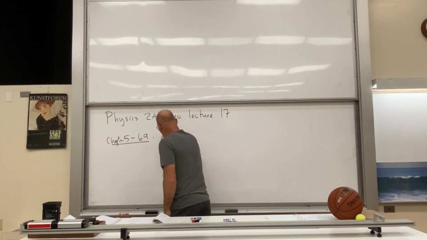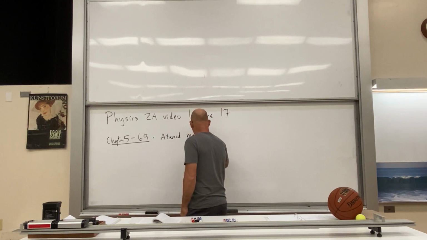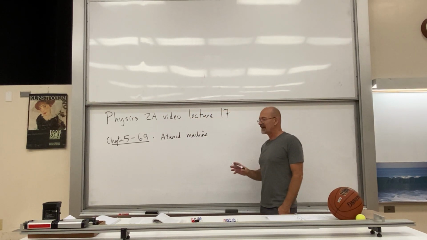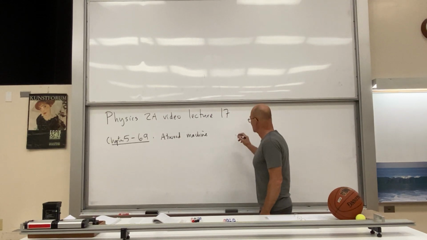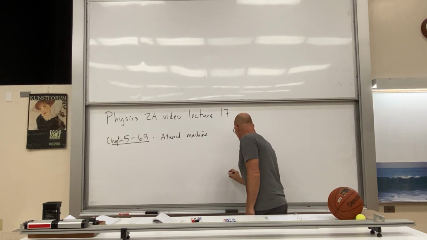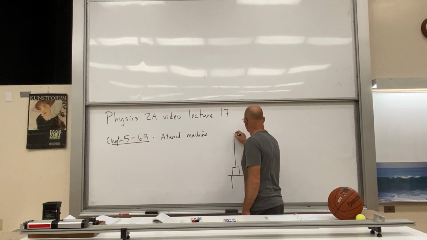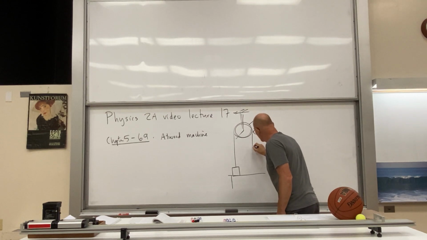This is an Atwood machine, so-called, and it's possible to analyze it completely with Newton's laws, tensions, forces, etc. Here's what we have: that tabletop, and there's a mass here connected to a second mass over a big pulley. There's a pulley, an axle, hooked up to the ceiling somehow.